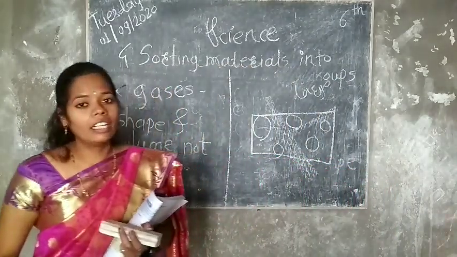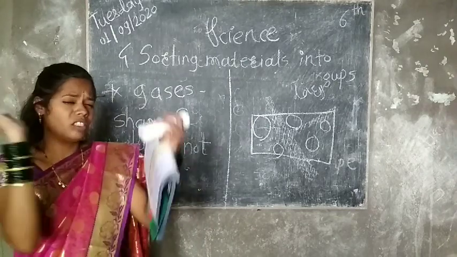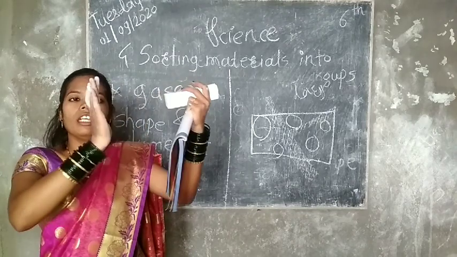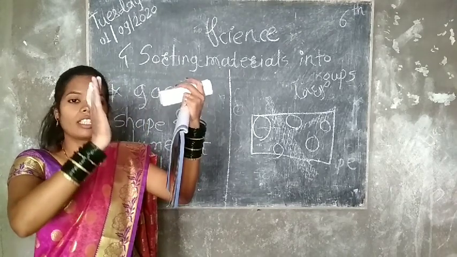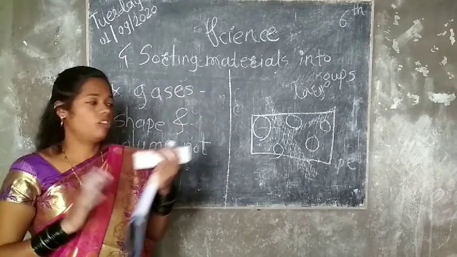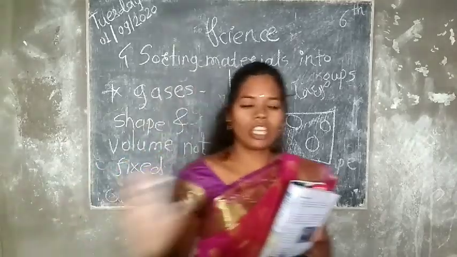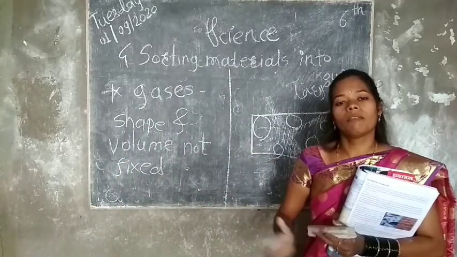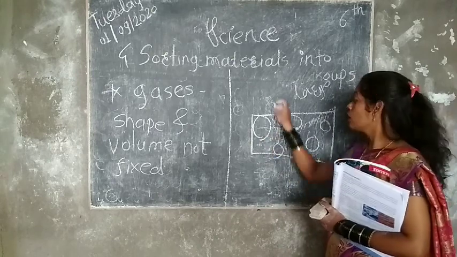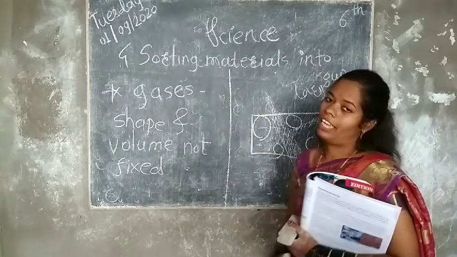Is that clear? See, comparatively, in solids the molecules are very close, that's why they have a definite shape. In liquids there is less distance, that's why in whichever vessel it is poured, it acquires that shape. But in gases, there is no definite shape and no definite volume, because the distance between molecules is much more than in solids and liquids.